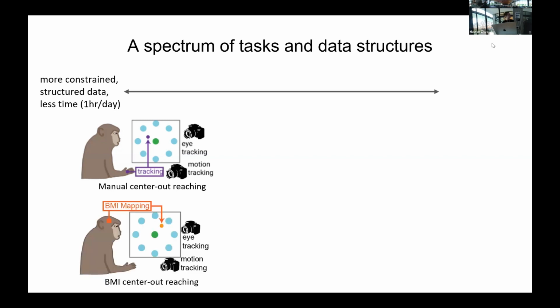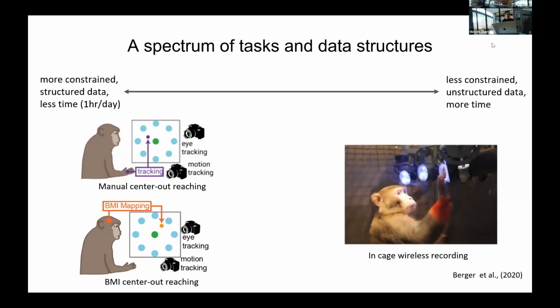In the meantime, we can also record brain signals from these monkeys. This is what we call a BMI-centered reaching task. On the right-hand side of the spectrum, we have the least constrained environment, where we can record unstructured data, where the monkeys are performing tasks inside a cage, where we can get wireless recordings.